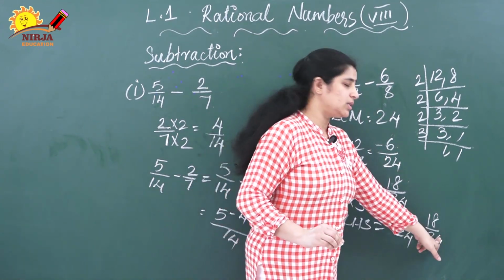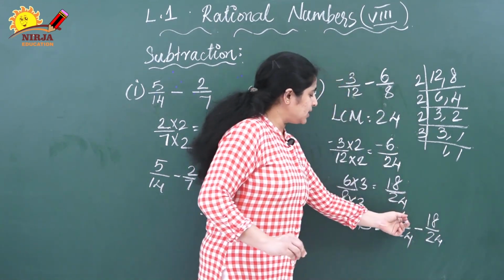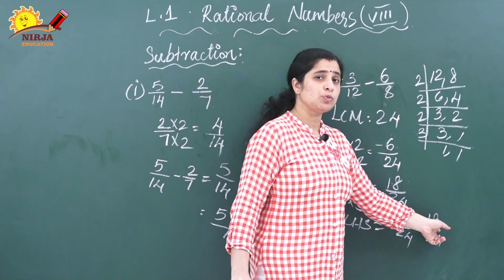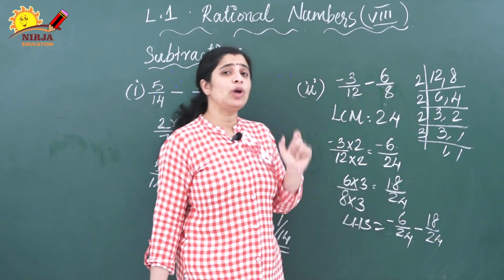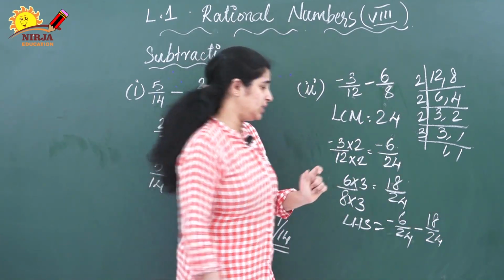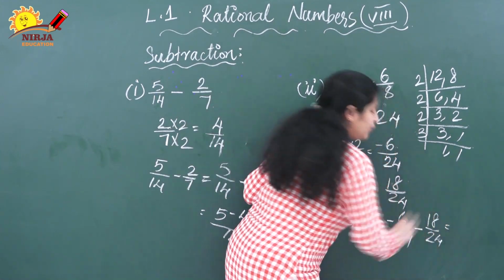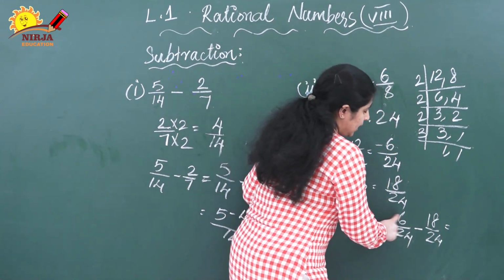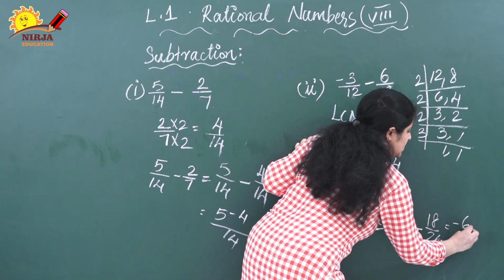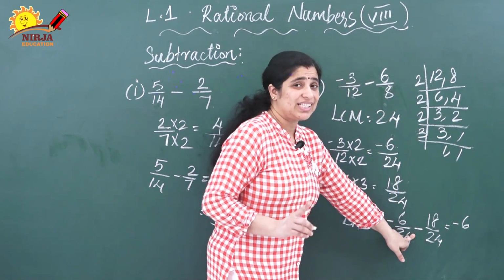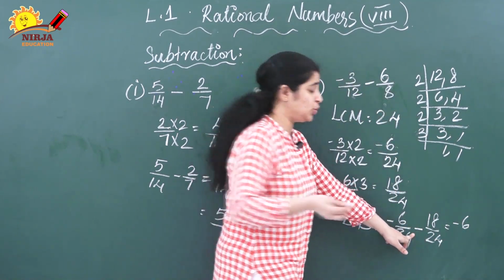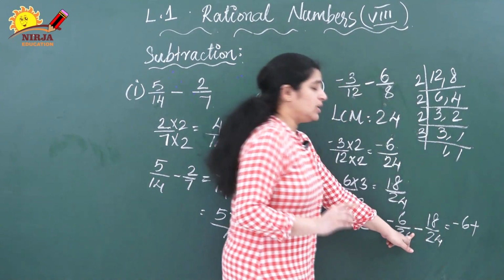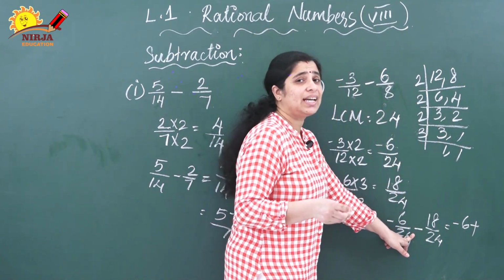Now the denominators are same, but one number is negative here and another is positive here. So you have to apply the rule of integers. By applying the rule of integers, what will you get? Here you can write it as minus 6. The subtraction sign you have to change into addition sign and change the sign of the second number.